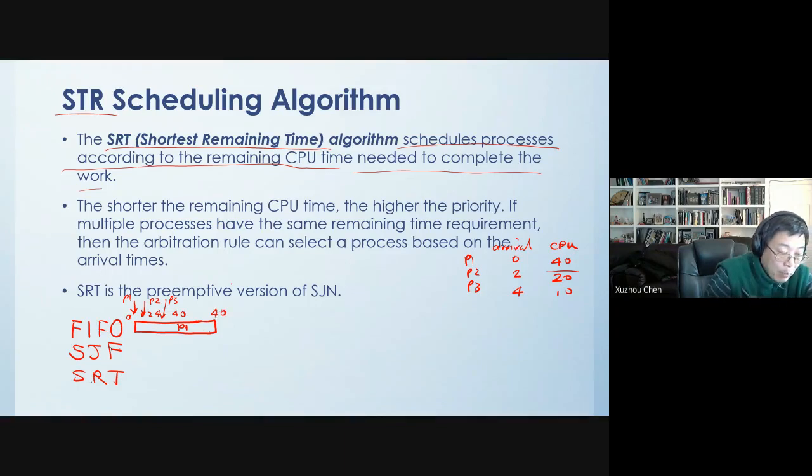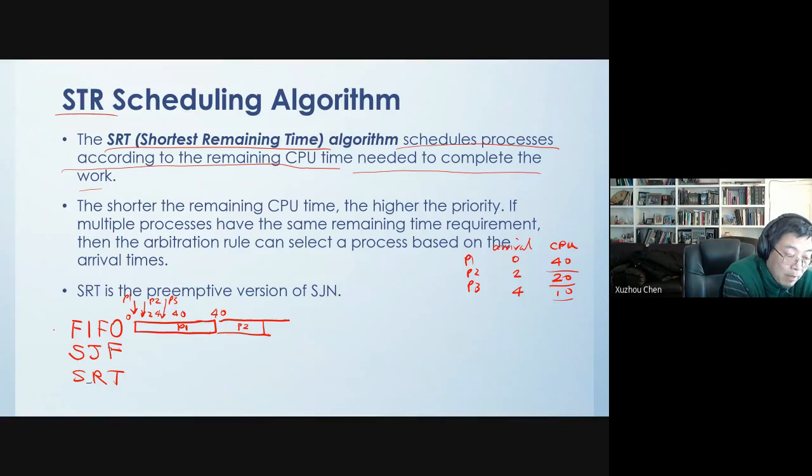And then now we have two processes in the ready list, process 2 and process 3. Now who's going to take the CPU next? Based on FIFO, process 2 takes the CPU, even though process 2 has a longer CPU time, because process 2 arrives before process 3.